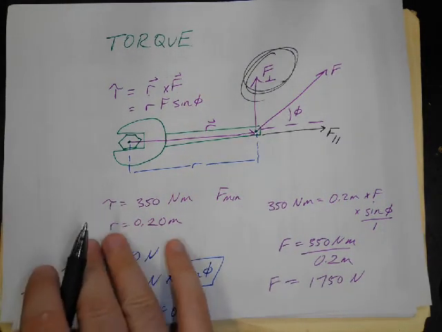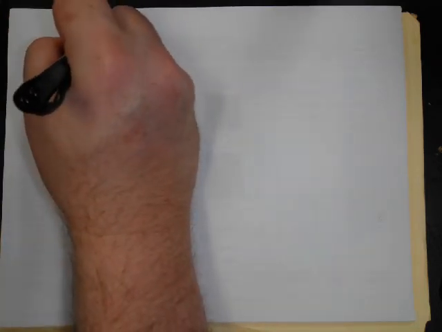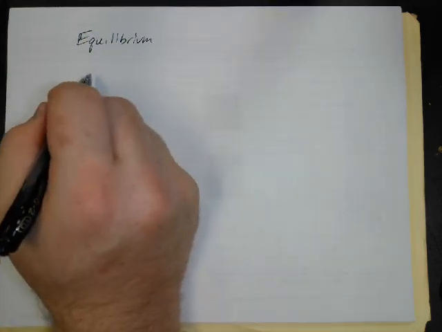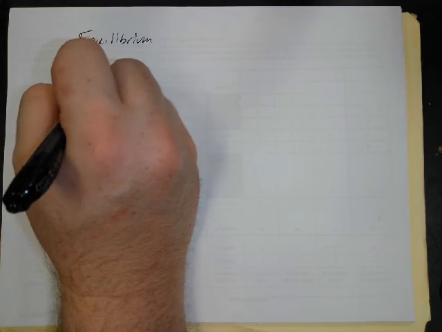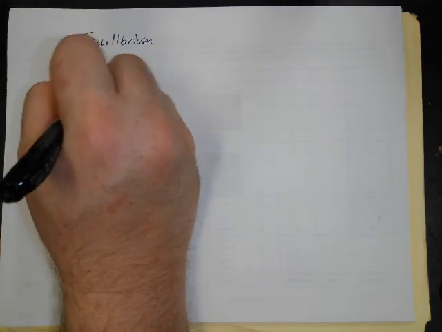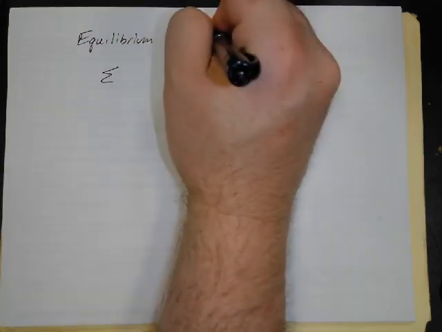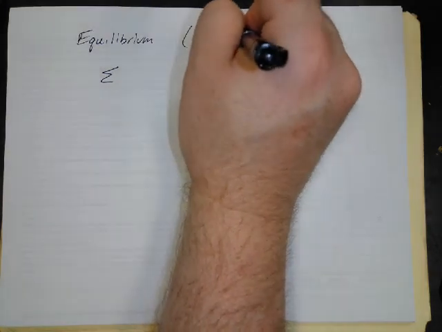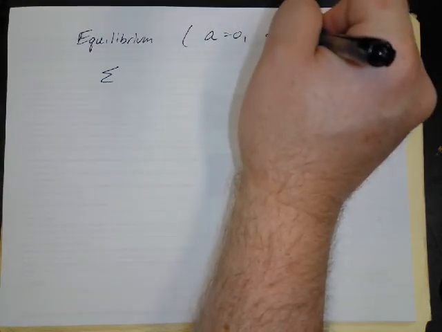So we need to solve forces, and we have Newton's second law normally, and we still have it. But now we have to deal with rotation stuff. So we're going to talk about equilibrium problems. For equilibrium problems, our acceleration is 0 and our angular acceleration is 0.